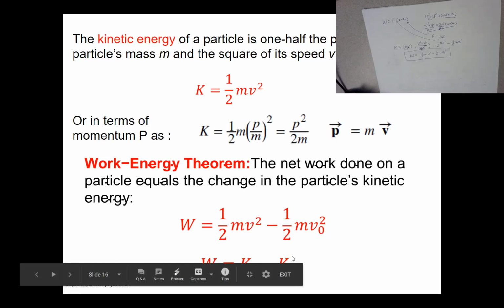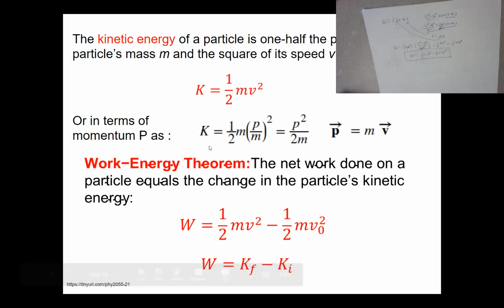Okay. Now take a look at the kinetic energy here. Sometimes you see people write kinetic energy in this form, especially if you are going to study quantum physics later on. Most of the time it's expressed as momentum squared divided by 2m, okay? Momentum is defined as m times v, which we'll mention later on in the class.